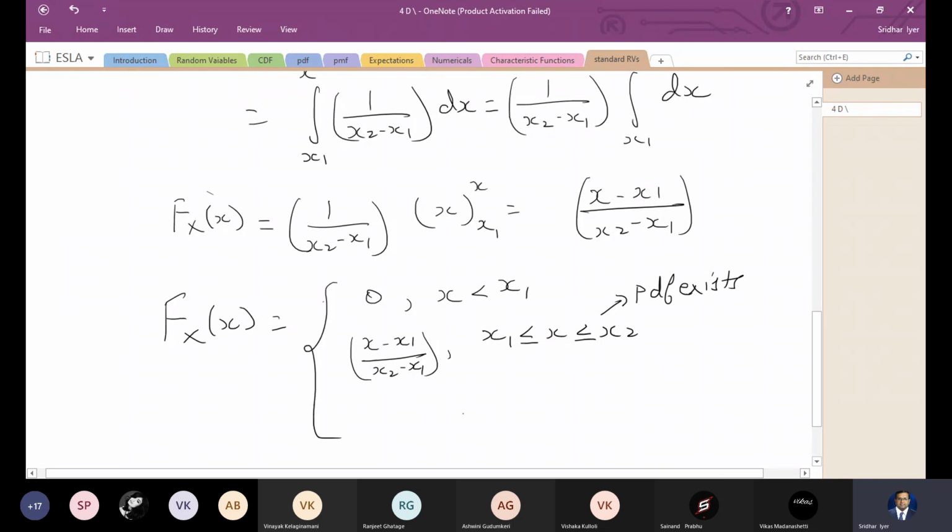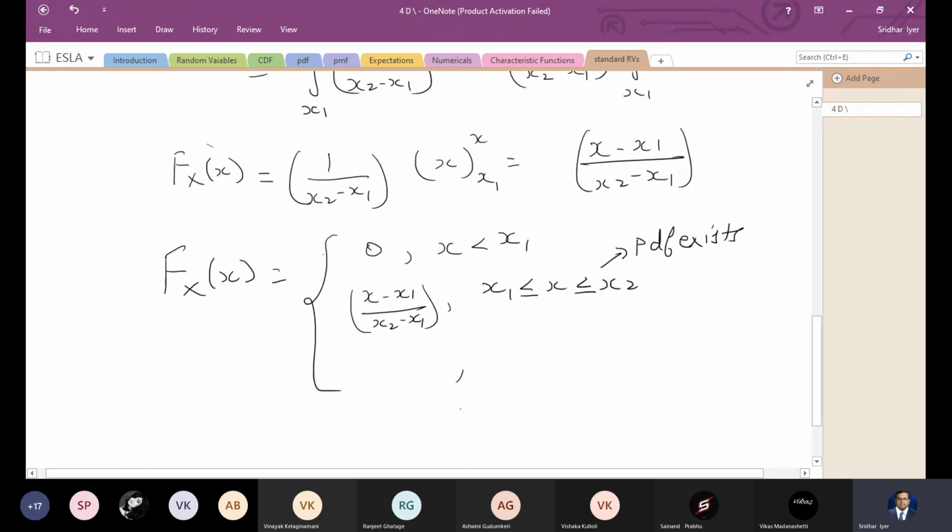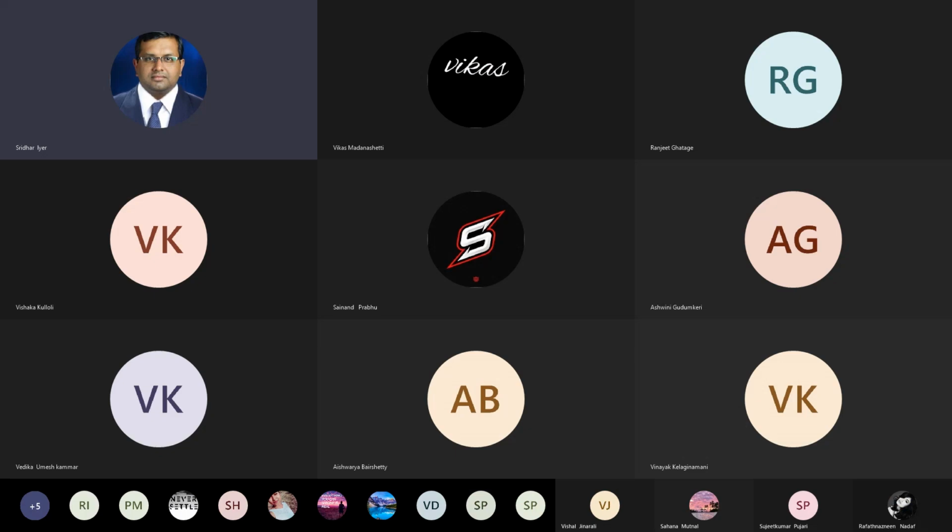Can anyone tell me what will be the third value? We are finding the CDF. What will be the final value? 1. 1. You're right. I think my screen disappeared.